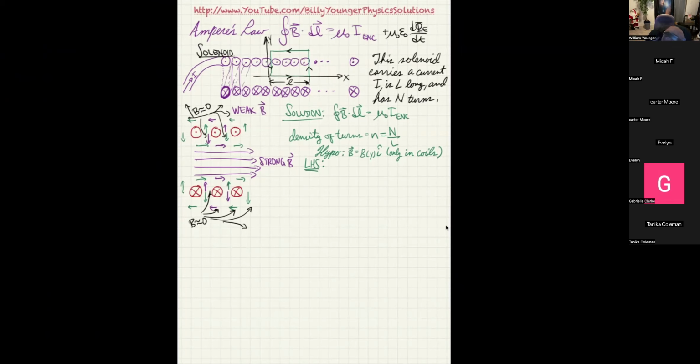All right. So now I'm going to say left-hand side. Oops, that should still be green.